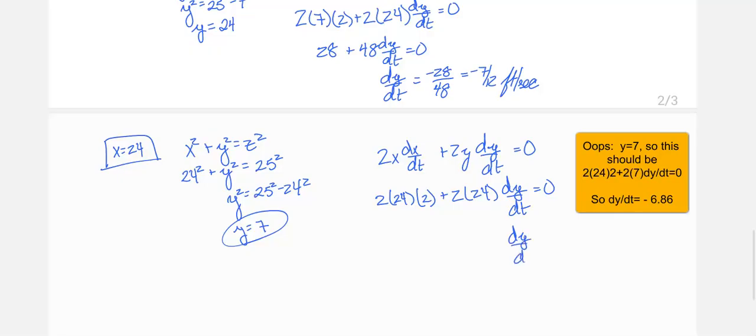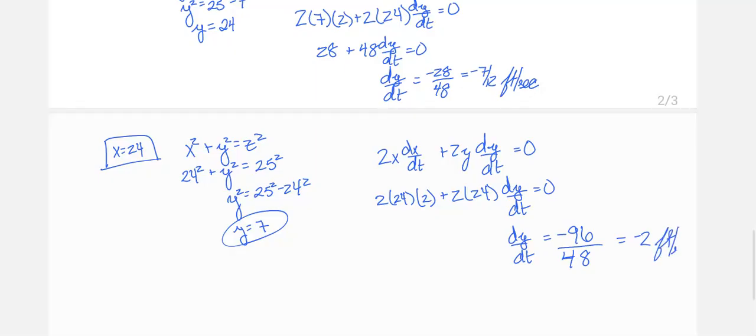So dy over dt, if I move this over, 2 times 24 times 2 is 96. Now I'm going to divide by the 2 times 24, which is 48. And that's going to be negative 2 feet per second.